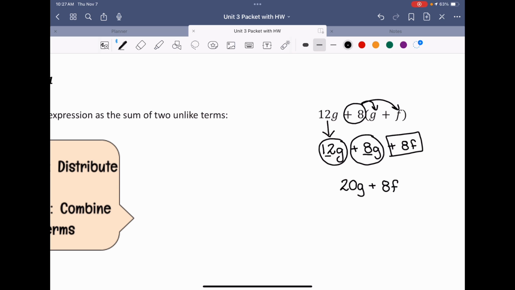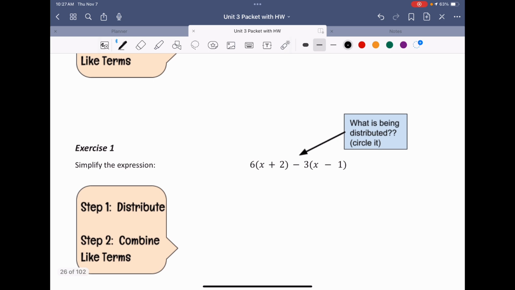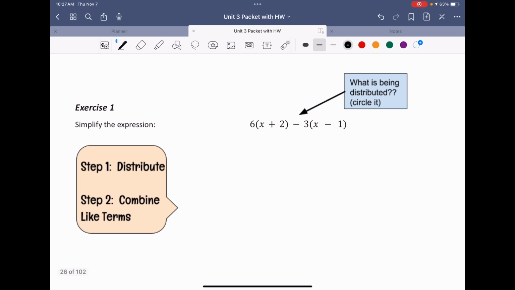Let's try another one. We're going to circle what is being distributed because I have to get rid of my parentheses first. There are 2 sets of parentheses, so I'm going to distribute twice. So I've got 6, and I have -3 being distributed. Let's multiply it into the terms.